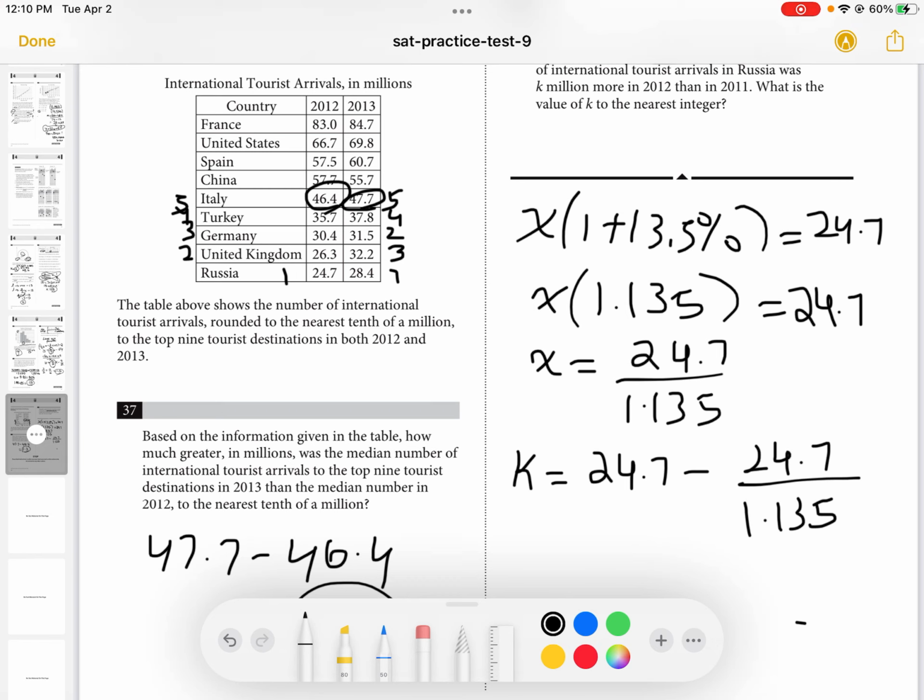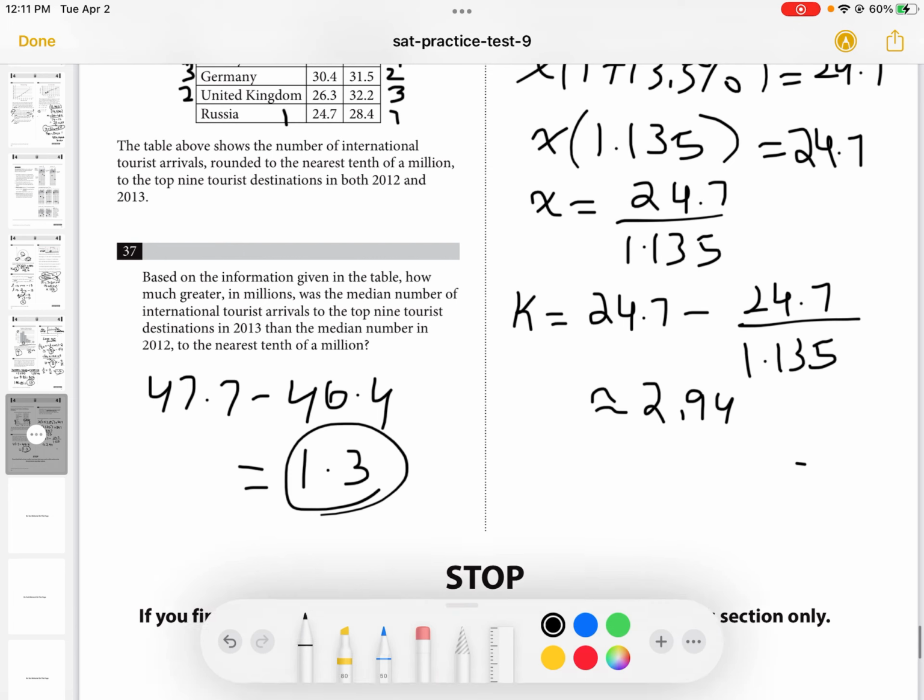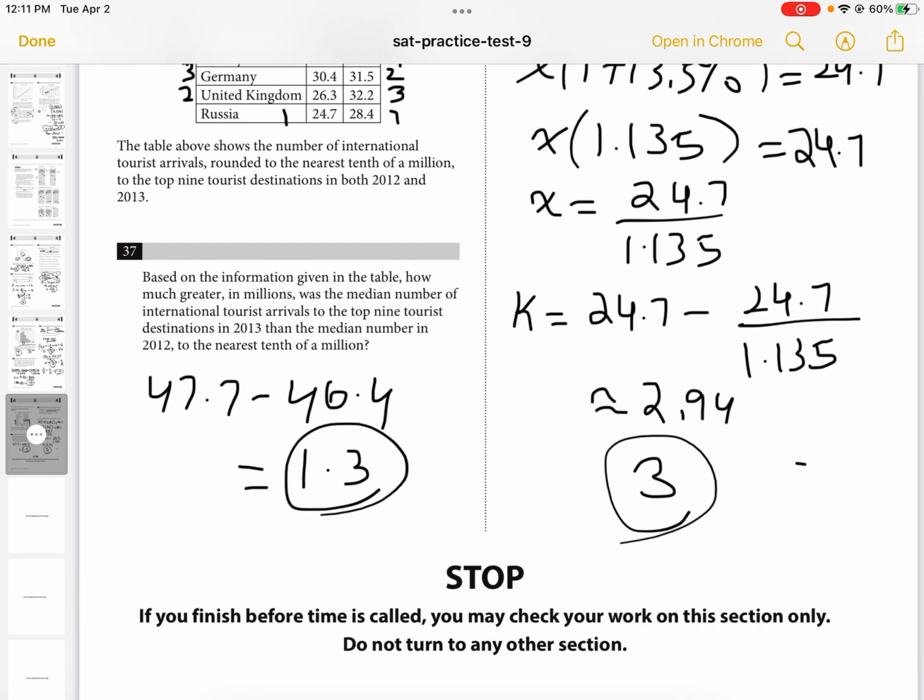That's around 2.94, and if we round k to the nearest integer, k is 3. And that's our final answer.